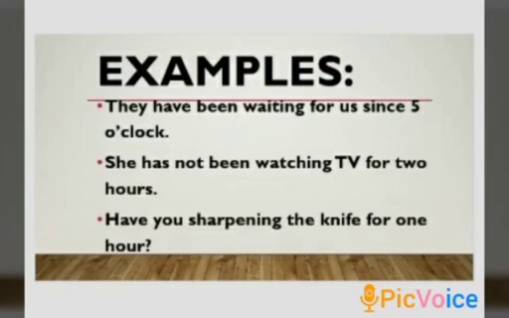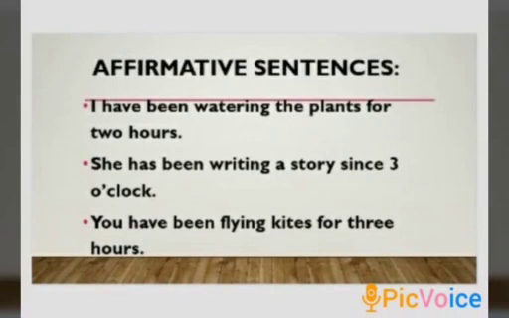As you can see, have been or has been, first form of verb plus ing is used here. All three types of examples are written here: affirmative, negative and interrogative.